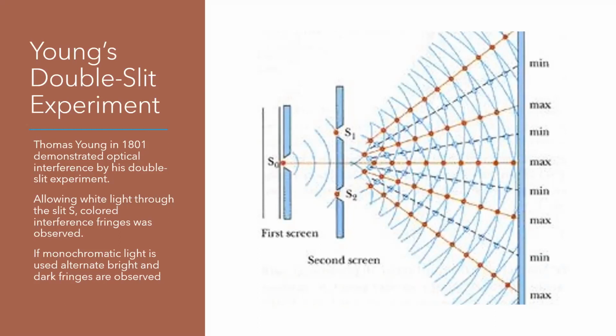Same color, that's right. Same color means same what? Wavelength. Same wavelength. So monochromatic light means light of the same color or same wavelength. So if that is used, instead of colored fringes, we will get alternate bright and dark fringes. So is that clear? The experimental arrangement by Thomas Young?